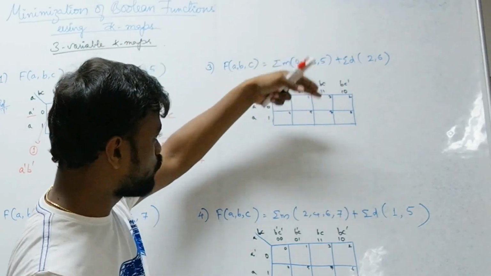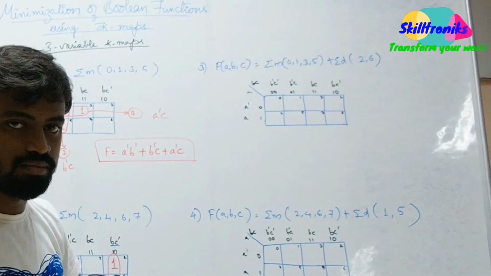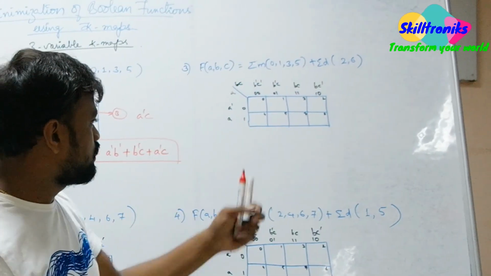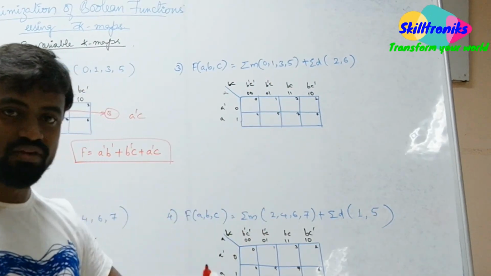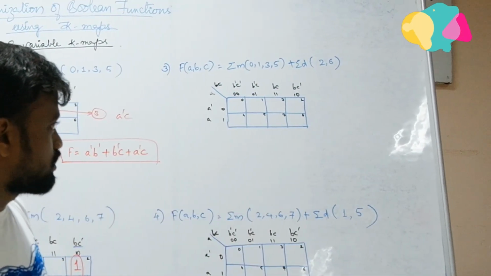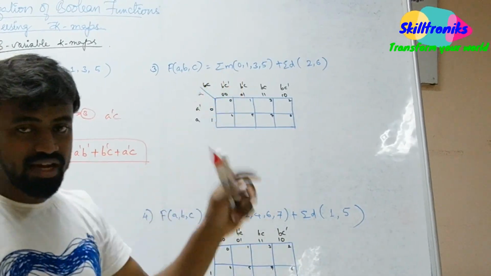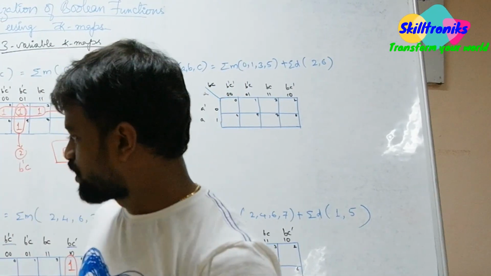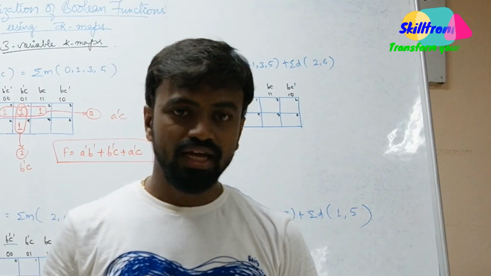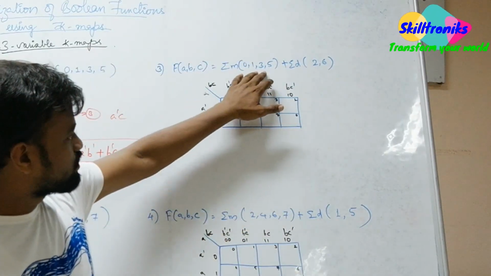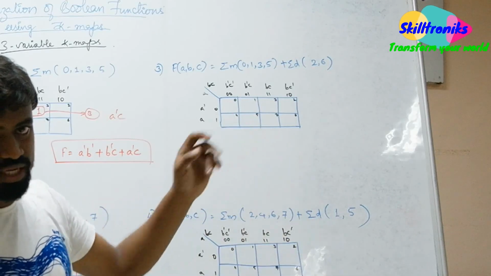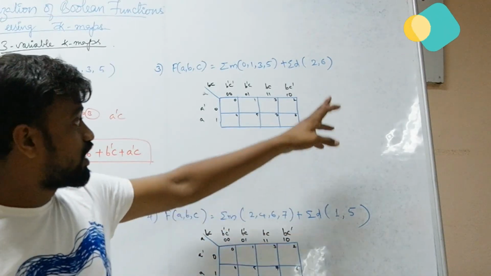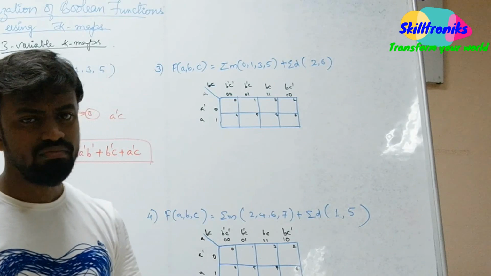Now let us see how to map these minterms here. As we already learned, minterms carrying ones only will be mapped in the K-map, and the minterms carrying zeros will not be mapped. So here there will be a controversy: if we map the minterms carrying ones and leave the minterms carrying zeros from the K-map, then what do we have to do for the don't care minterms?